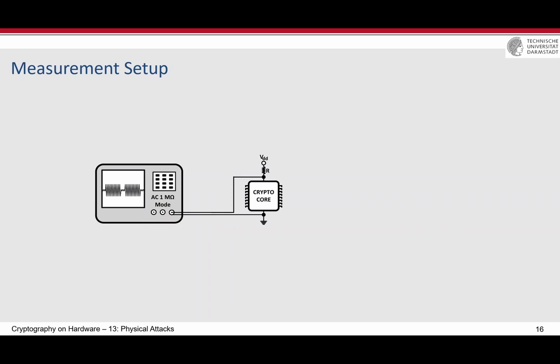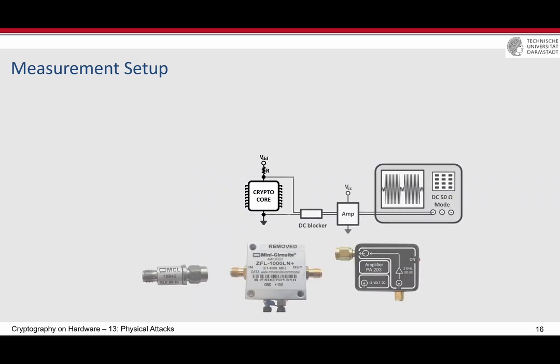Or you see a lot of noise, and then you amplify it and filter it with some DC blocker, and a DC blocker works actually similar to measuring with AC coupling. It's too much electronics at the moment, I know.